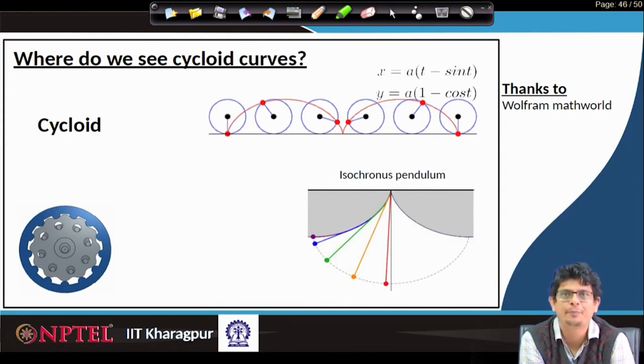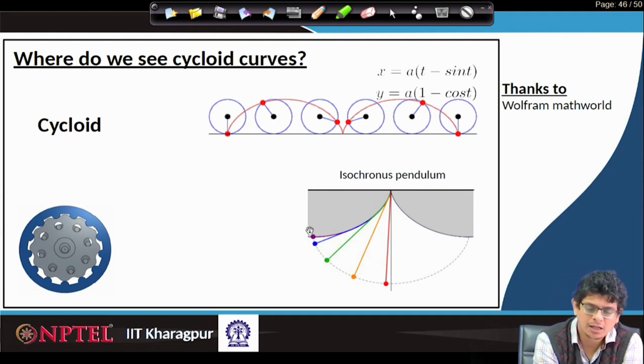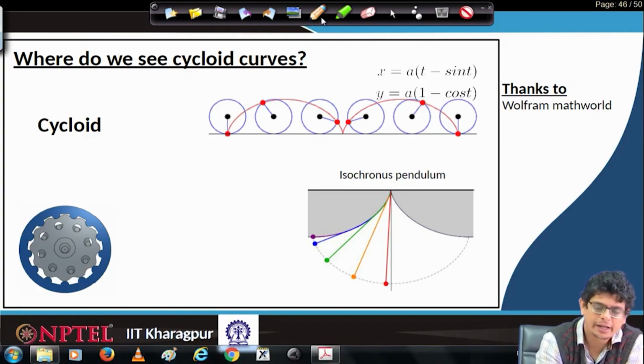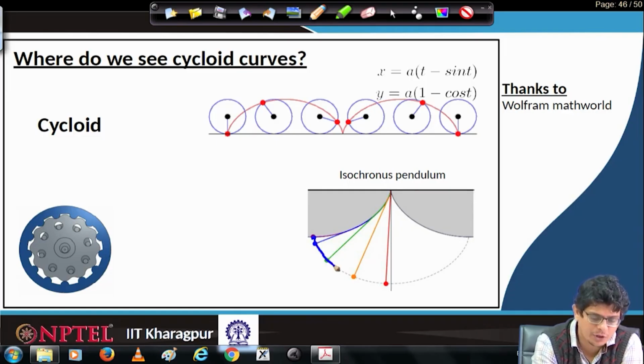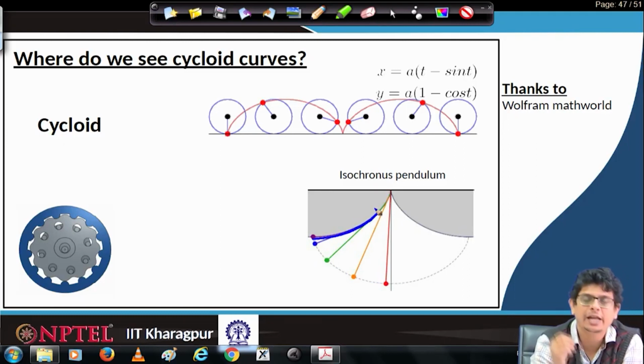Similarly, if we have pendulums, isochronous pendulums, here a pendulum is connected by a rope and this rope is going up. The location of this point with time, and the curve along which this point is going up and down, if we are in a position to track it, this curve makes a cycloid.